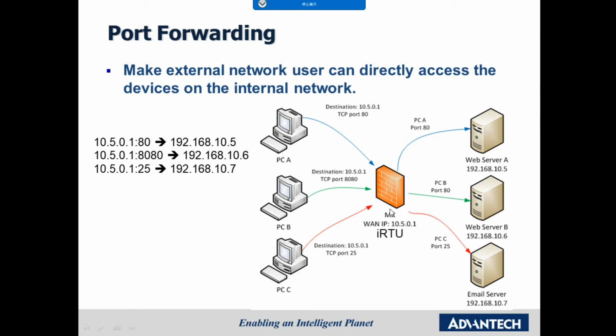The device will forward the port 8080 of external IP 10.5.0.1 to the port of intranet IP 192.168.10.6, and the device will forward the TCP request of port 25 with external device IP 10.5.0.1 to the intranet device IP 192.168.10.7. So this illustrates port forwarding.